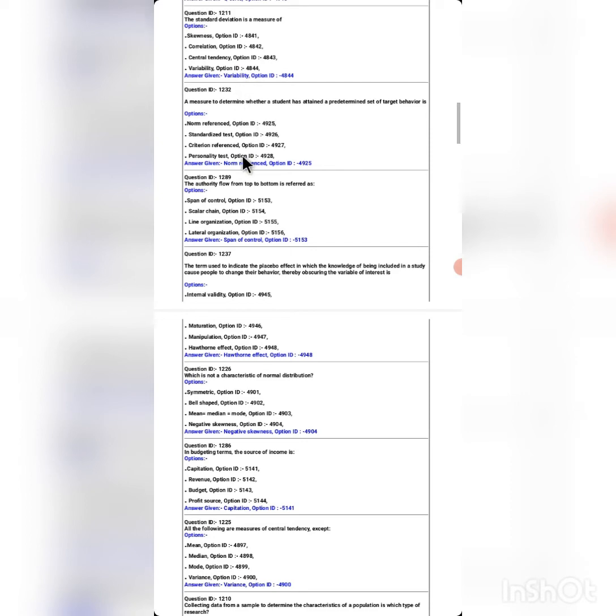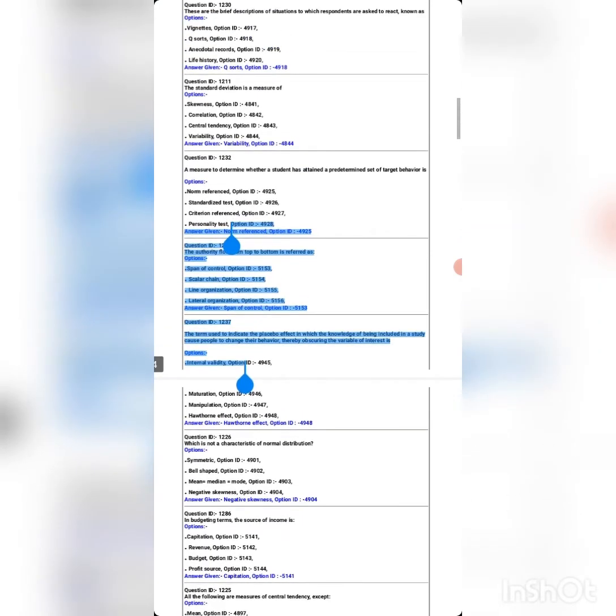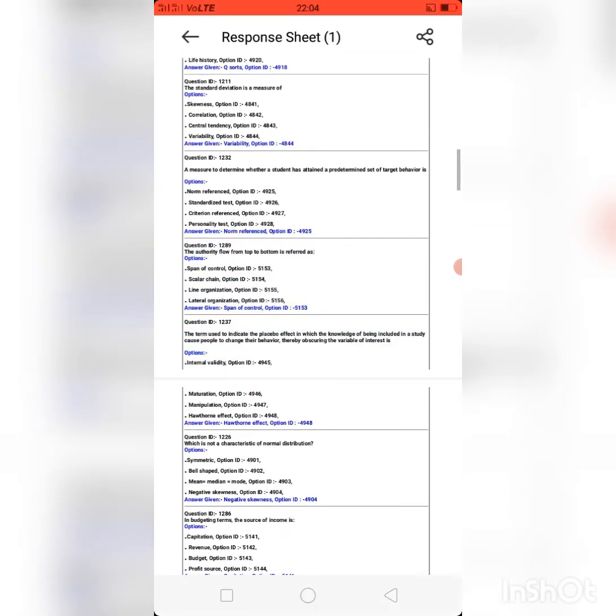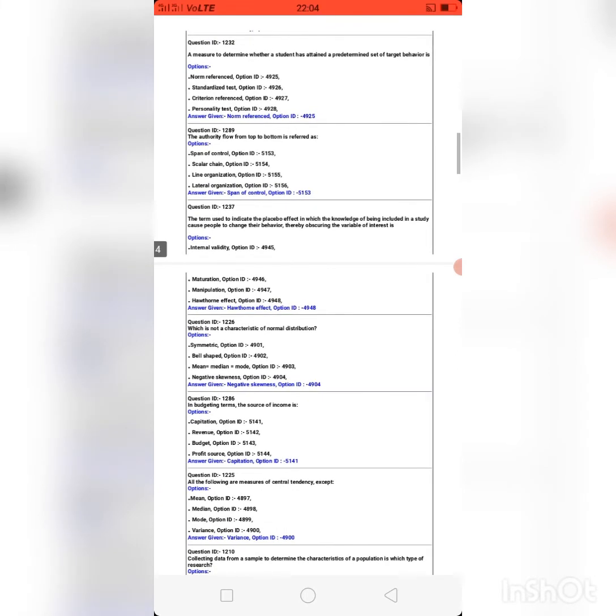Okay, so moving on to the next question. So the next question is the measure to determine whether a student has attained a predetermined set of target behavior is. Mind here, student, what the question is saying, that a measure to determine whether a student has attained a predetermined set of target behavior.